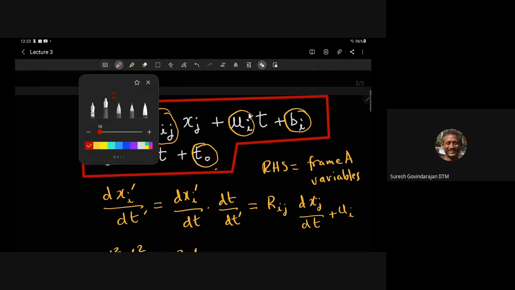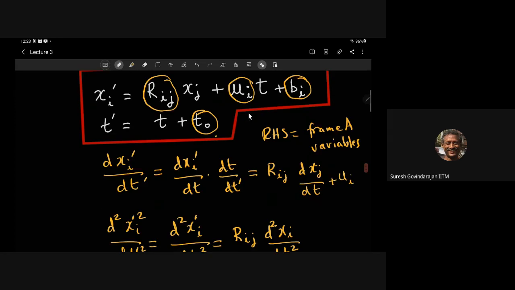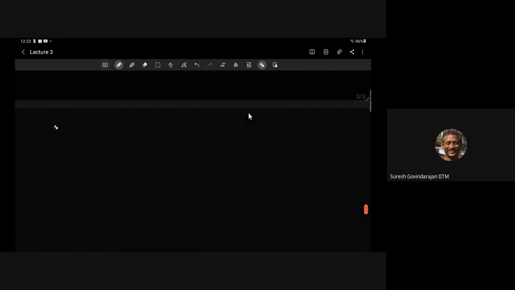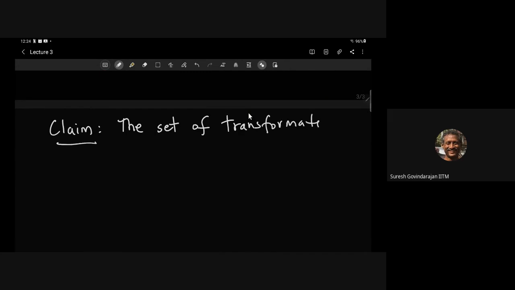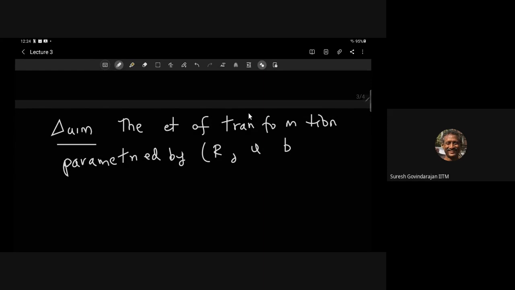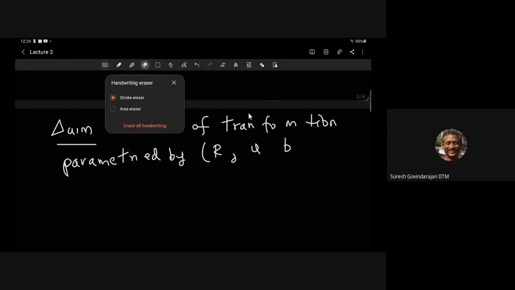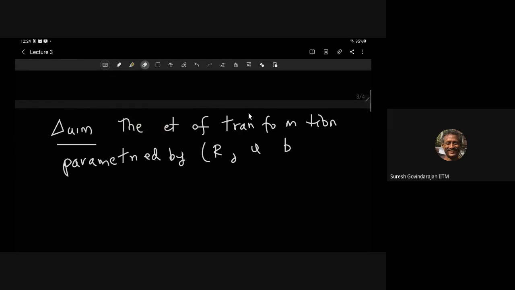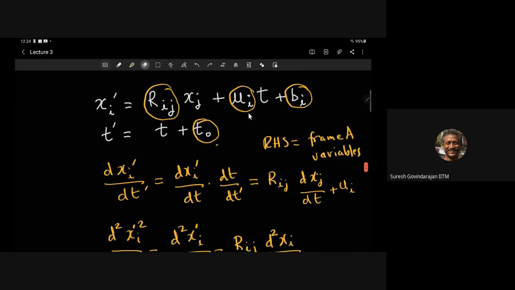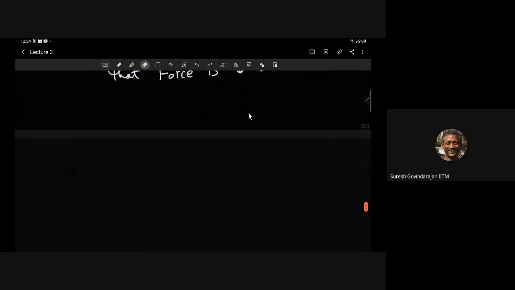So now a claim: a set of transformations parameterized by Rij, Ui, Bi, sorry, I messed up. Okay, now it's fine.